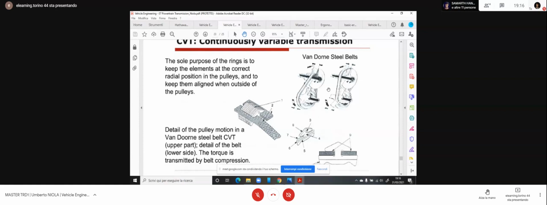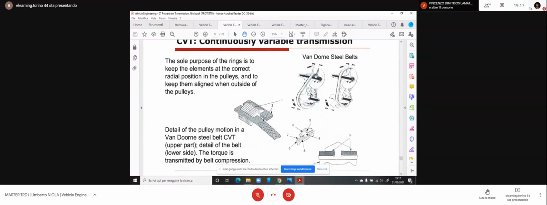But anyway, the principle is two different diameters, minimum and maximum diameter, for two opposite pulleys. So variable diameter pulleys.